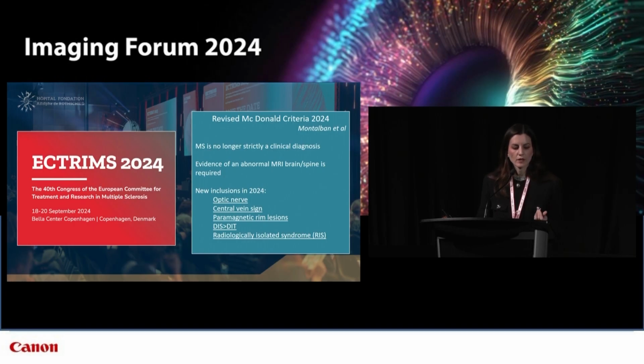So the pressure now is on for us to be as precise as possible in describing lesion location, and also we need help in terms of our diagnostic accuracy to not falsely label patients with multiple sclerosis for lesions that don't respect the true definition of the locations.